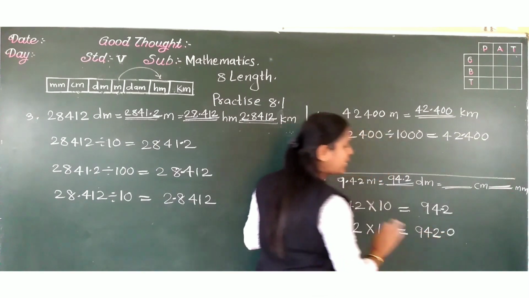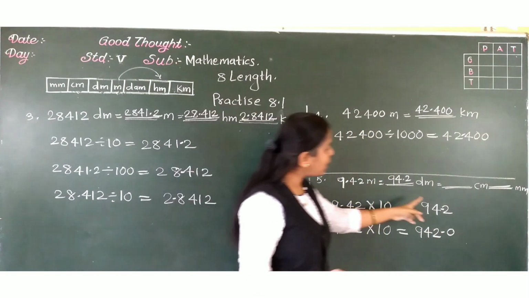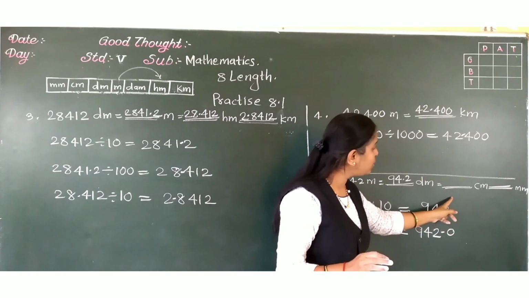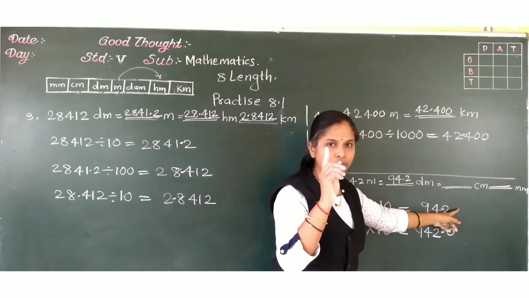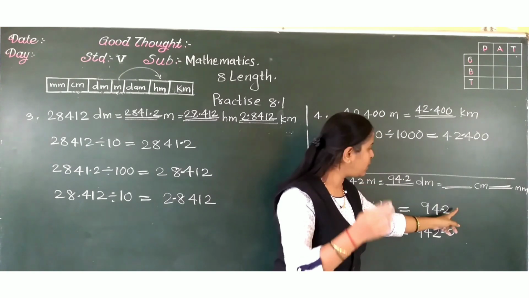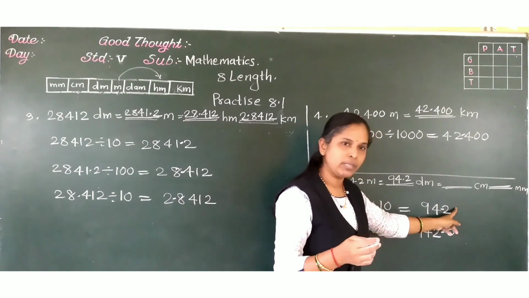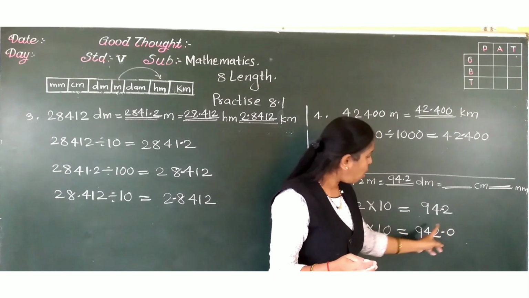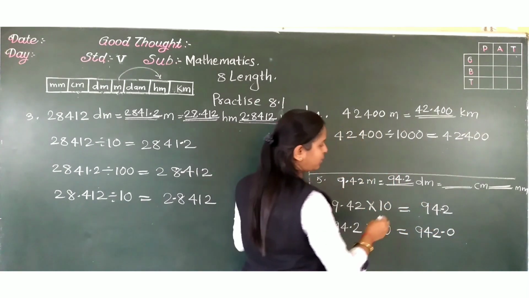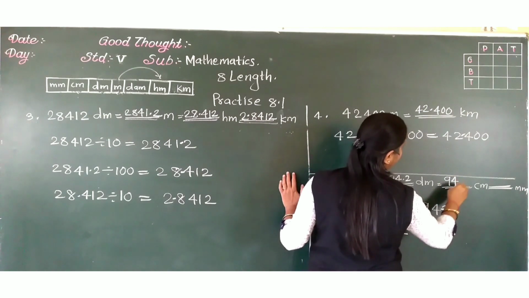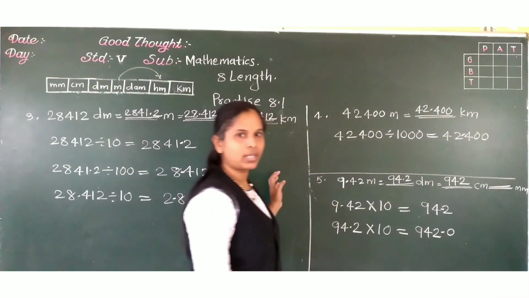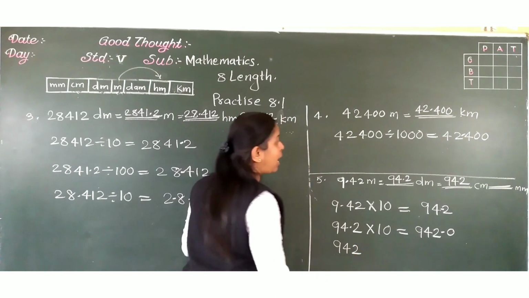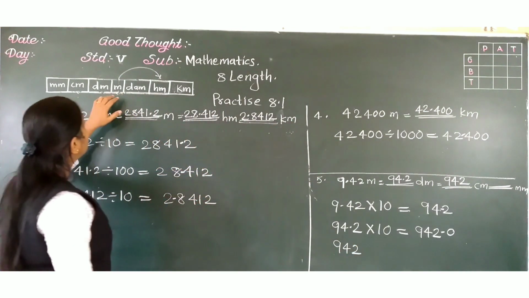If you are not writing the 0, then also okay. See, earlier the decimal place was here. After multiplying by 10 it will shift 1 place to the right side, that is after 2. So here the decimal place will come. That is 942.0, or you can write only 942. No problem. Okay. Now next, 942 we have centimeter.